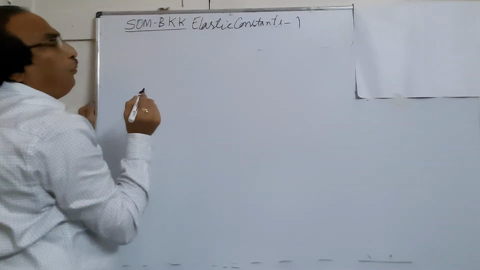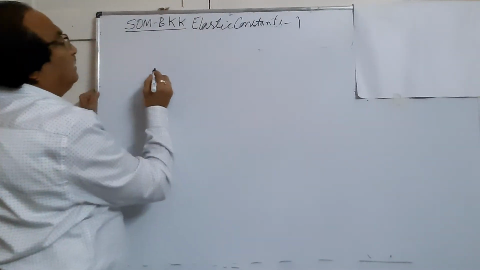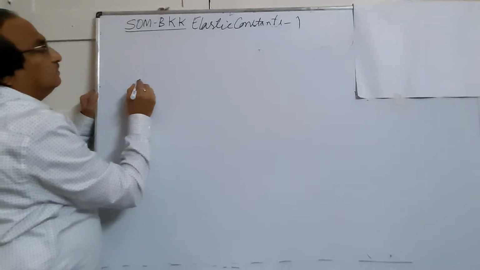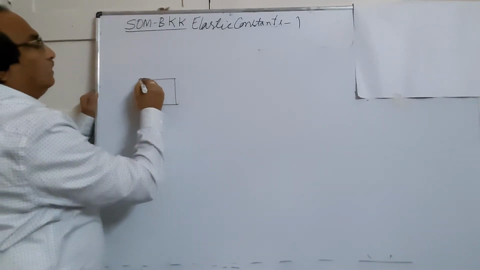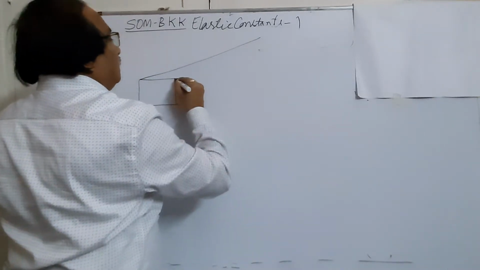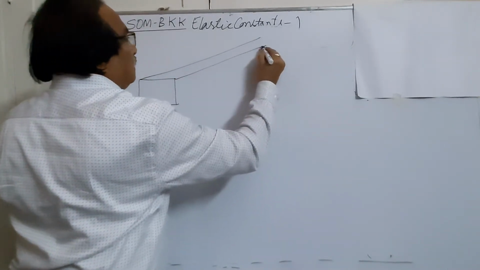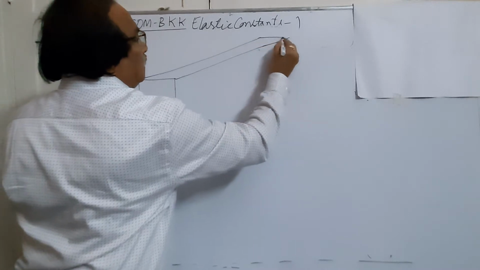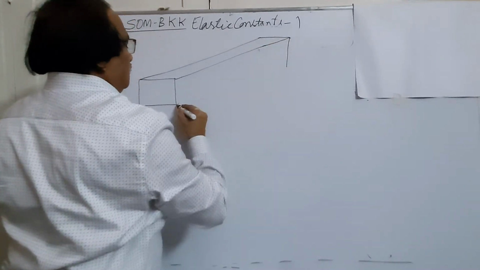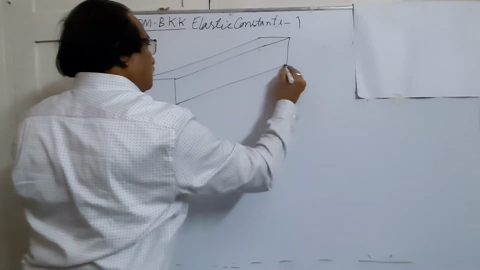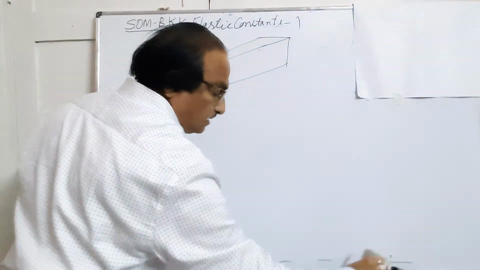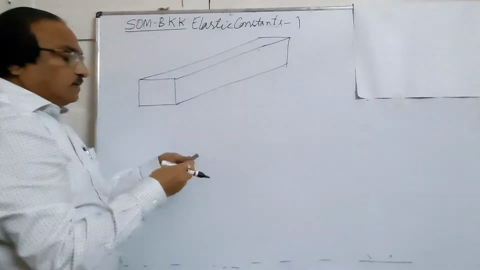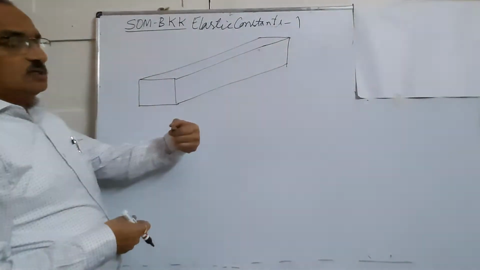Suppose I consider a rectangular bar like this. So this is a square actually.